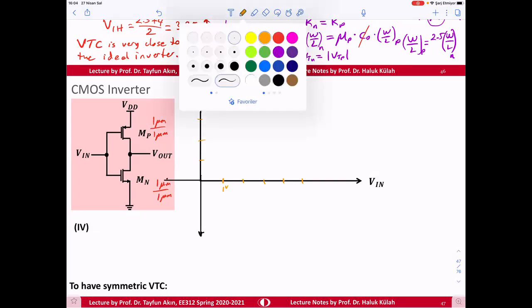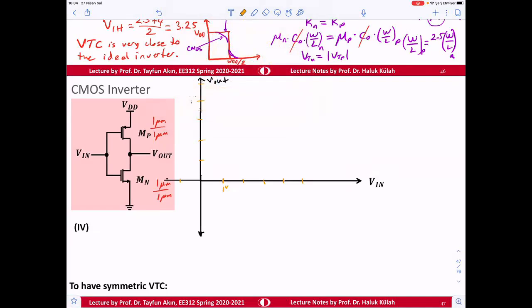And this is going to be -1 volt, and then -1 volt. What was this one? This was minus VTN. This one was minus VTP. This will be the same slope.